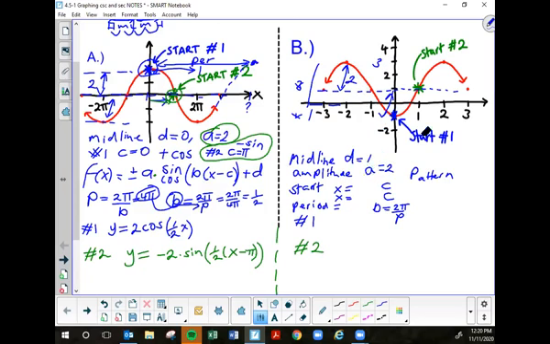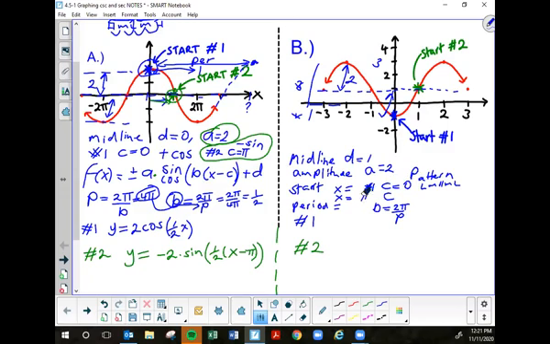Now the first start, you're starting at a low. This is for start number 1. Your pattern is low, middle, high, middle, low. That's a negative cosine starting on the y-axis, so it's got no horizontal shift. The value of c is going to be 0, okay?